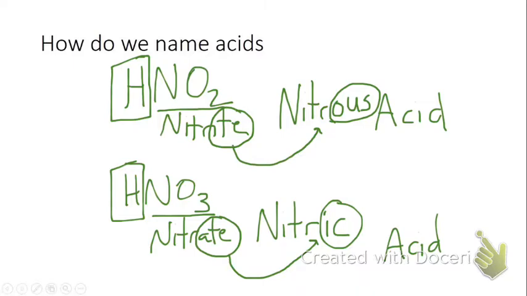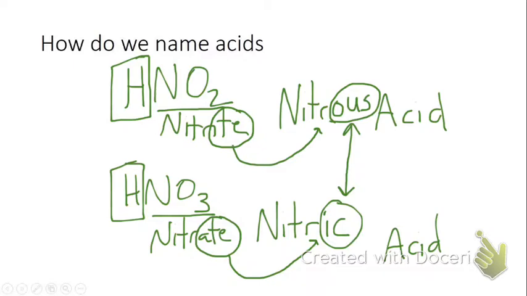We do not put the hydro in front when we're talking about polyatomic ions. So we don't need to put hydronitrous acid. By changing these two endings of the words, it is assumed that we're talking about an acid. So this is why table 3.4 is very important.